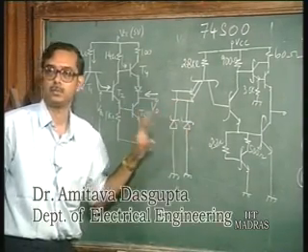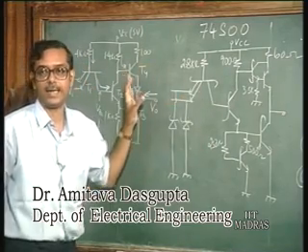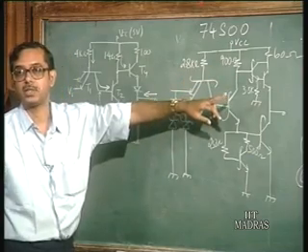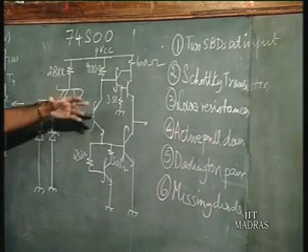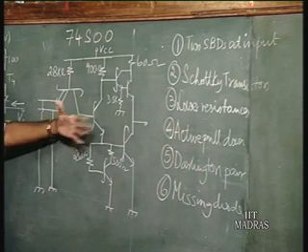Between the two gates. Now what we shall do in the next class is take up each of them, see the reasons for that and what happens, and how it improves the performance.